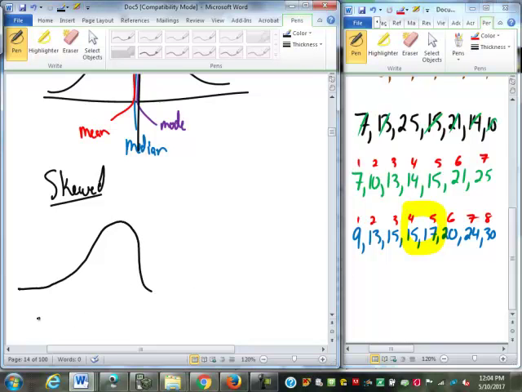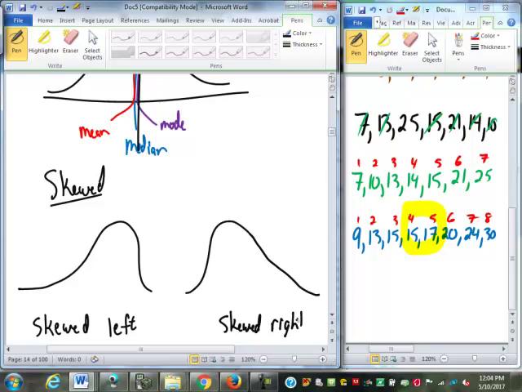That is called skewed left. Think of it, the left end of it's been stretched out. If it looks like this, that's called skewed right. It looks like the right end of that has been stretched out.